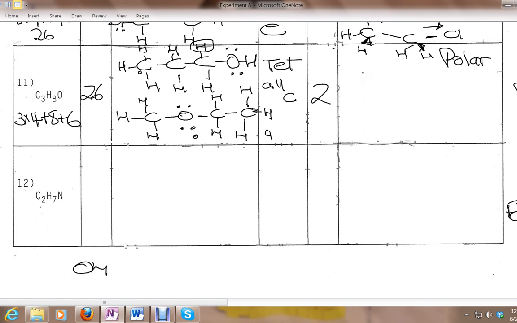So I'm going to draw the 3D. Okay, the third carbon. Now, how are we going to do this? You're going to put the group OH here.